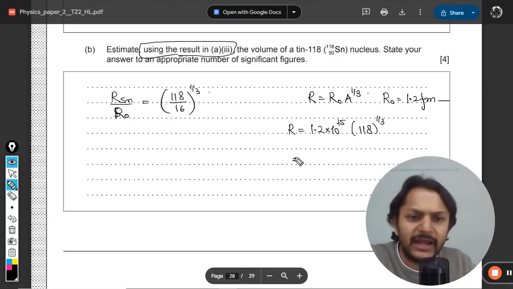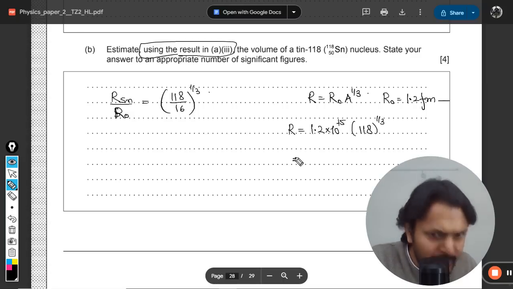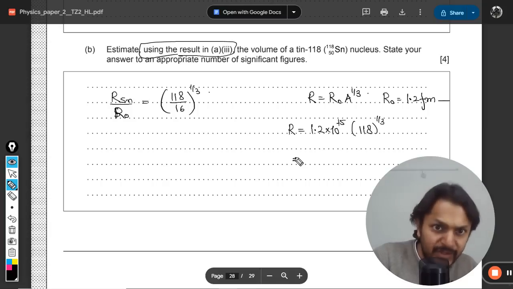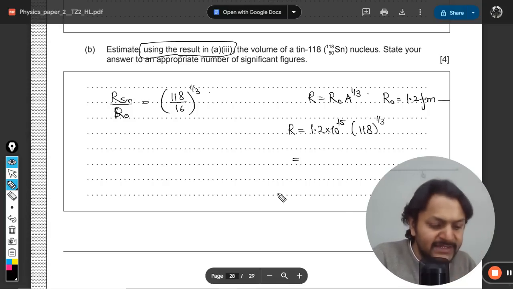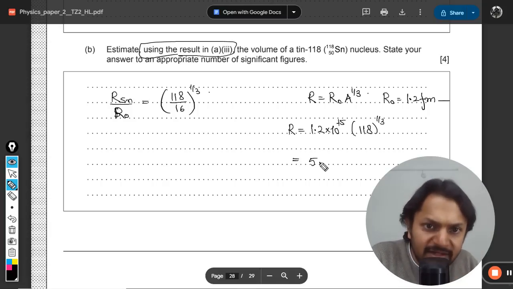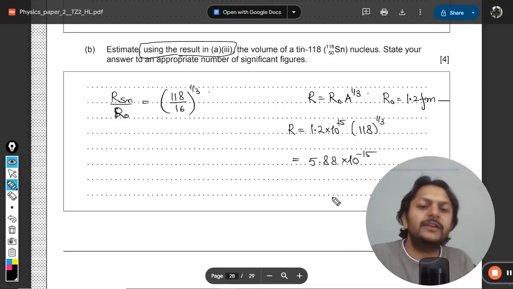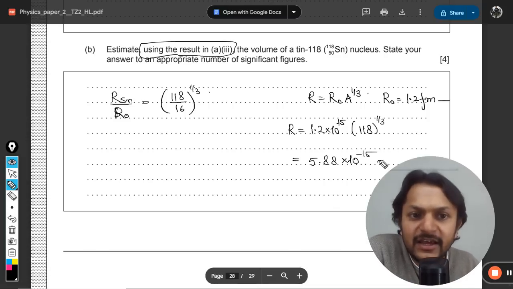What is the value that I'm getting now? Let's see. 1.2 into 118 raised to power 1 by 3. So I am getting the value as 5.88 into 10 to the power negative 15. This is the radius of the tin nuclei.